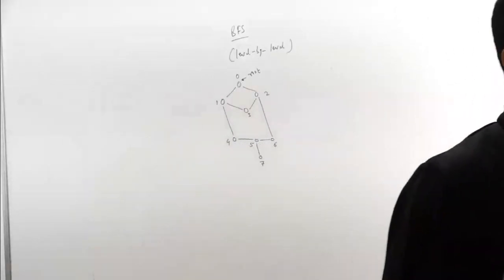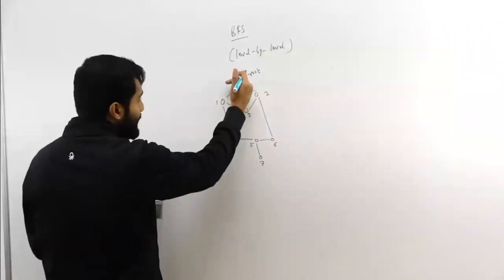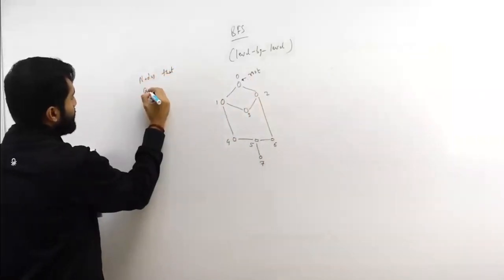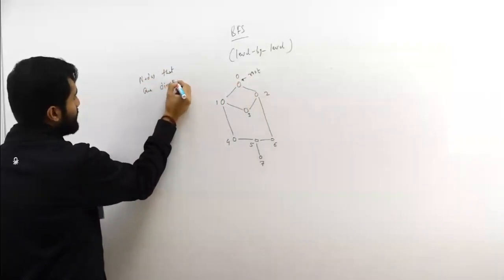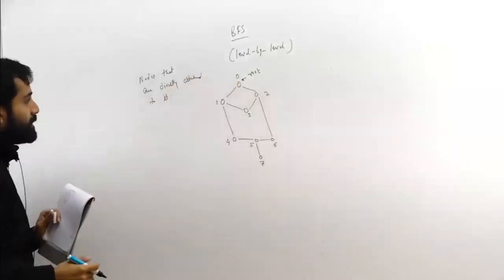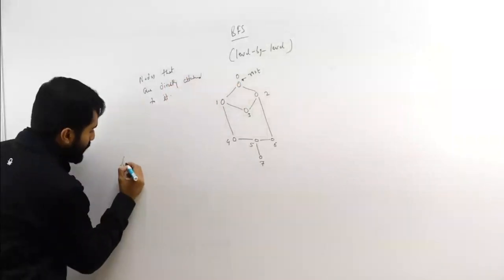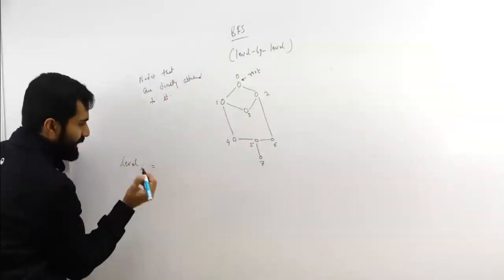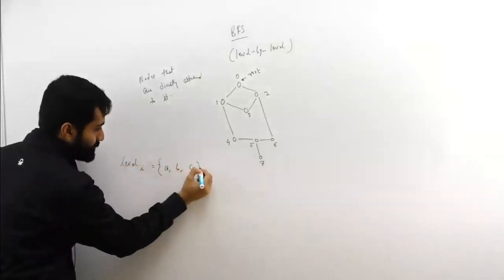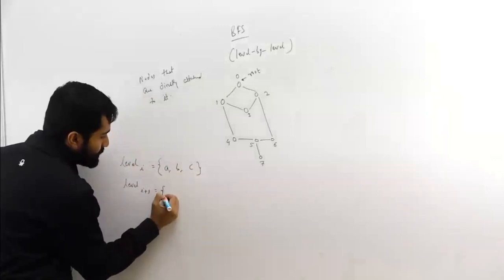Now, what is the next level? Let us try to understand that. So the next level will be the nodes that are directly attached to it. Let me formalize it a bit more. Let's say you are talking about level i. In level i, there are certain nodes, for example, A, B, and C. Now, in level i plus 1, what kind of nodes will be there?